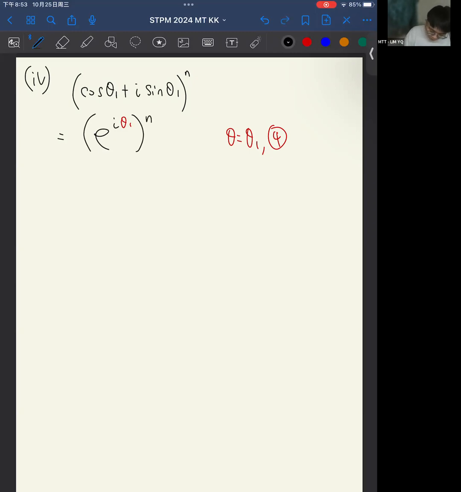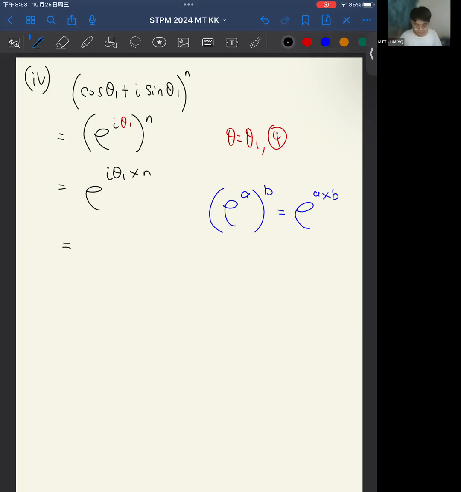Now you are using the index law for complex numbers: when you have e to the a, in the bracket, power b, it is actually a multiplied by b. This is the index law. So i theta 1 multiplied by n.